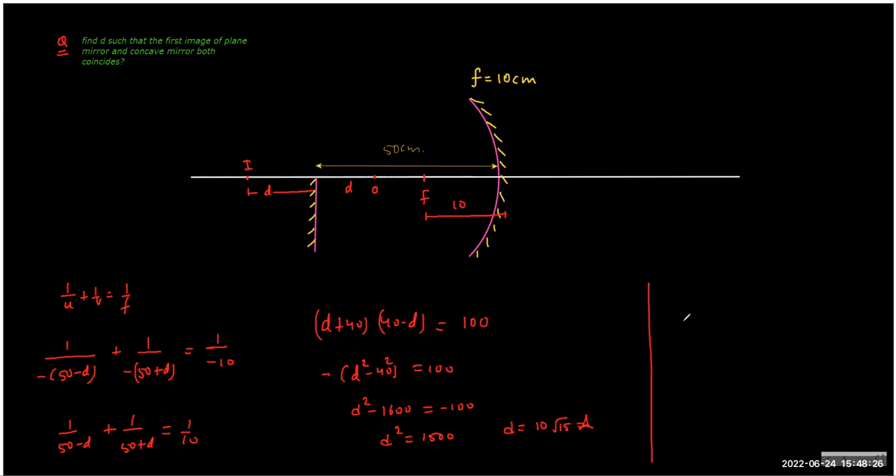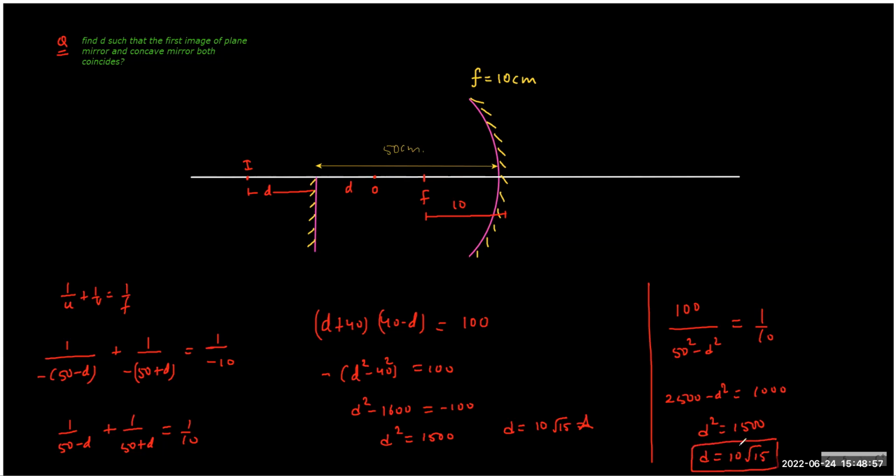Solve it. So 100 upon 50 square minus D square is 1 by 10. So 50 square is how much? 2500 minus D square equals 1000. So D square is how much? 1500. So you can see the answer is 10 root 15.